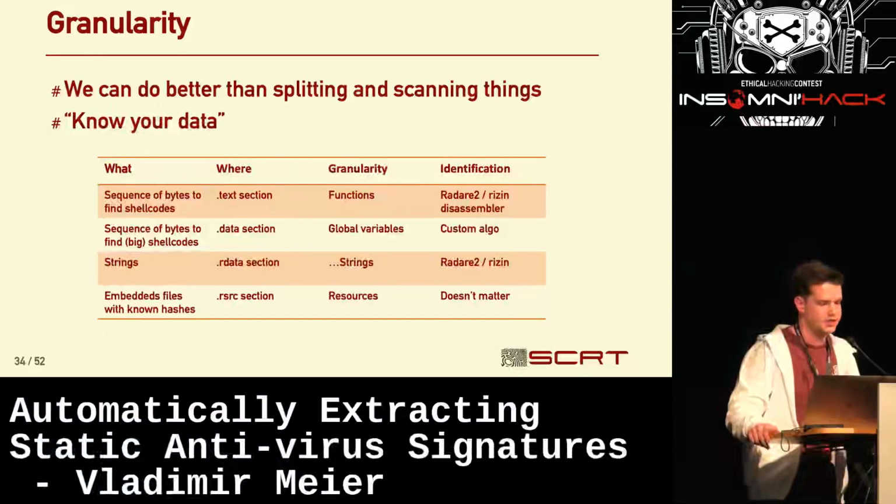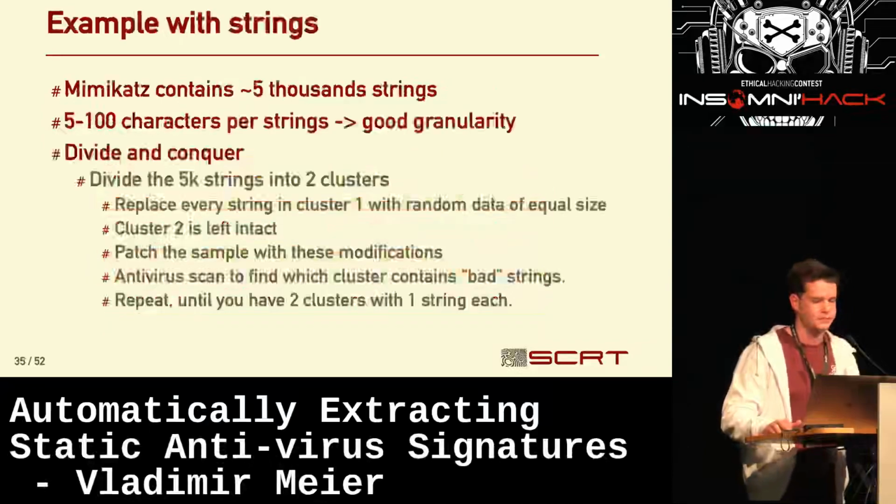If the data section is detected, most likely it will be a global variable. So I had no tools to do that, so I built my own. And to react to a detection inside the rdata section, we know there are strings in here. And it's a chance for us because Radare2 works very well with strings, and we can enumerate them and have a granularity on strings.